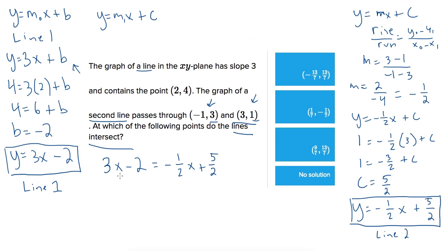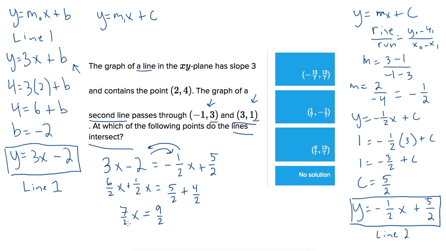We need common denominators. So let's say 3x is 6/2 x, plus 1/2 x. I'm just moving 1/2 x over, and I'm going to move -2 over, equals 5 halves plus 2, which is 4 halves. So now we have 7 halves x equals 9 halves.